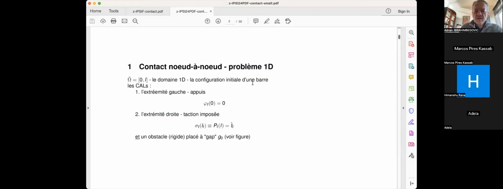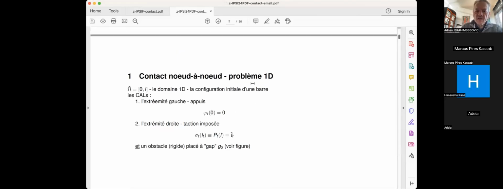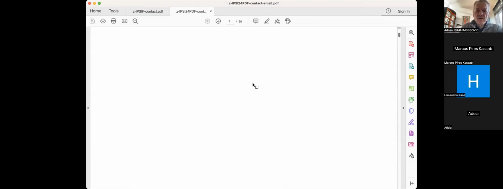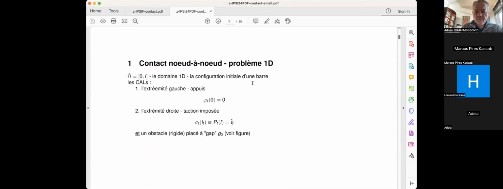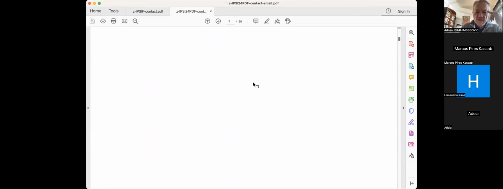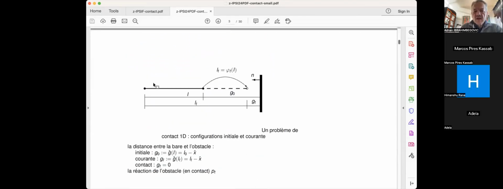So here's the stuff that we are considering. We are basically taking into account the contact node to node, and we have a problem with a sketch here. I have an initial configuration of length L, and I take a loading which brings me into very large deformation.